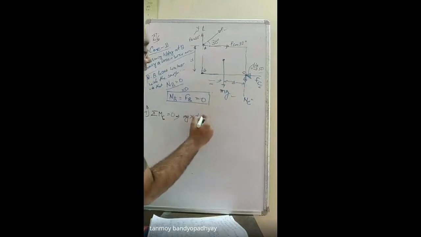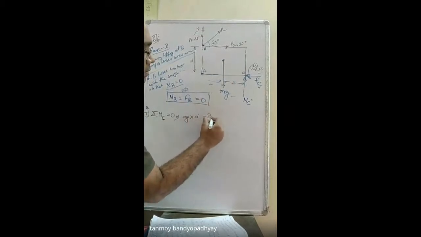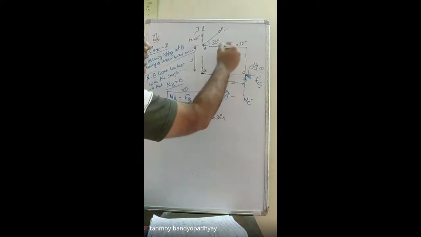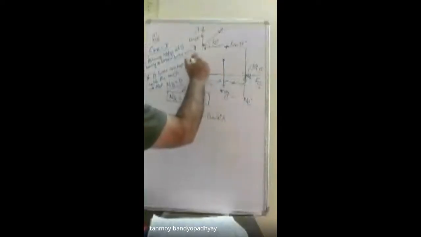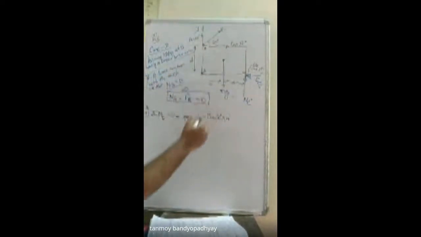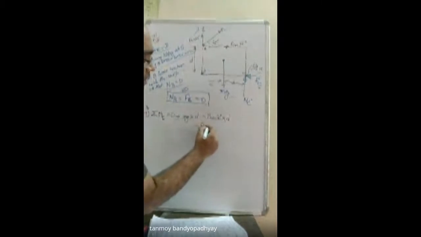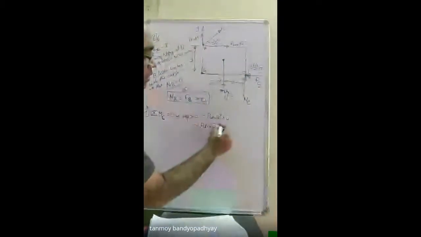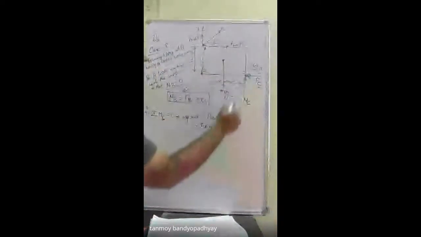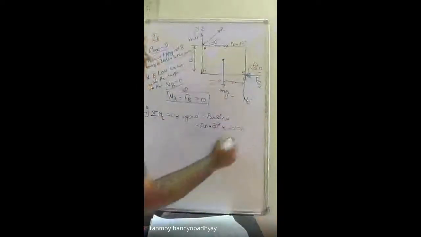So that will be minus P cos 30 degree into D, the distance between the line of action of the force and the point C. And P sin 30, it's causing again a clockwise movement. So minus P sin 30 into the line of action of the force, and this distance is 2D. So that is equal to 0.